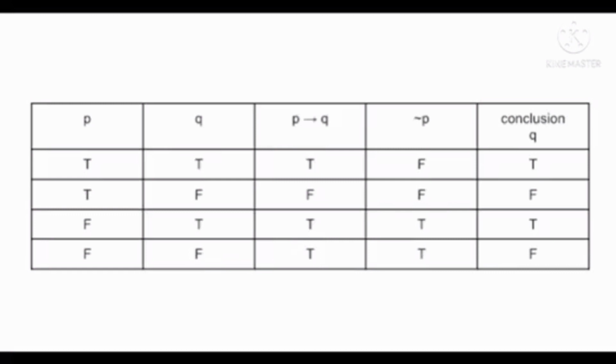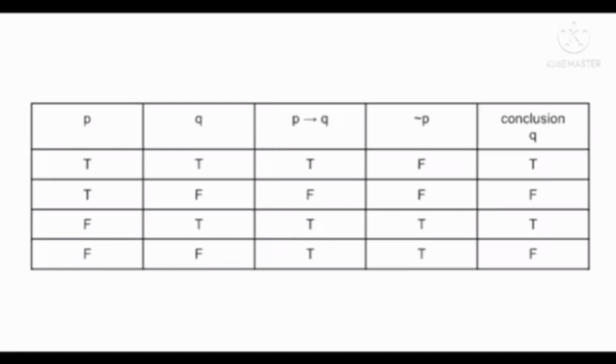The third column is true, false, true, true, because if P is true and Q is false, it can only be false. The fourth column is false, false, true, true, because of the negation of variable P.